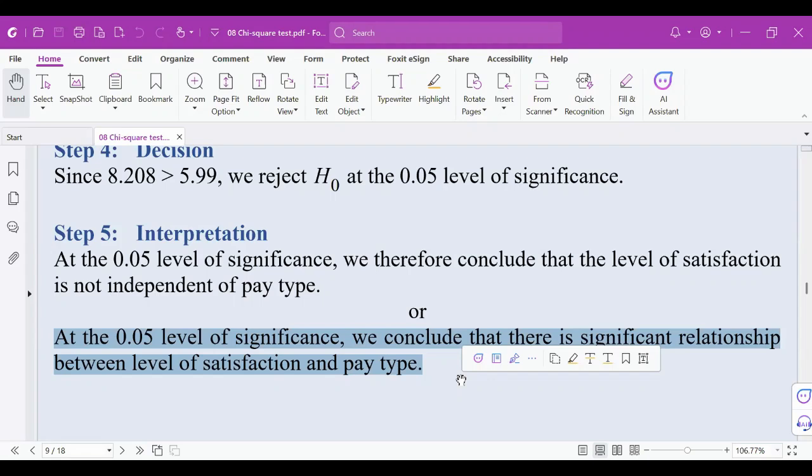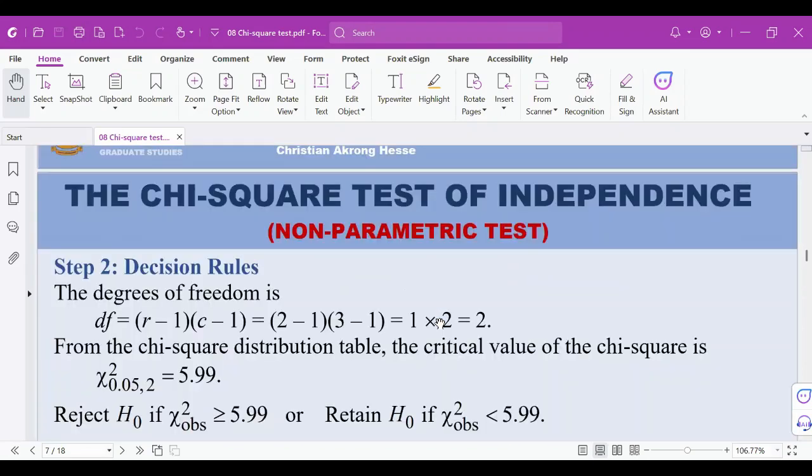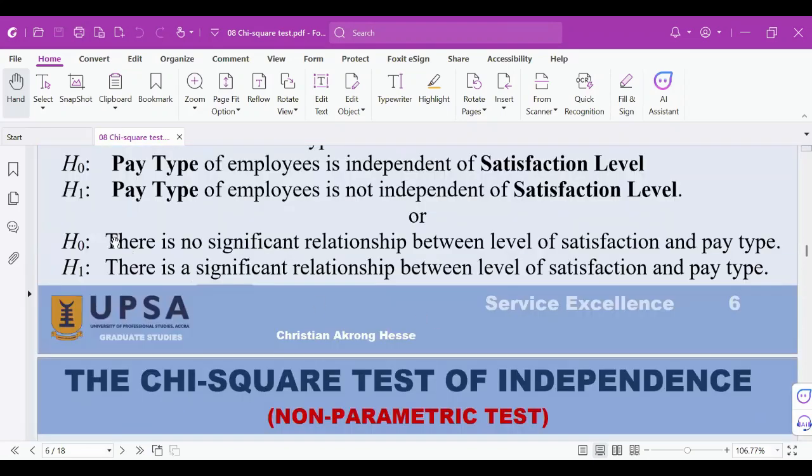H naught, in the beginning. H0 says that there is no correlation between level of satisfaction and pay type. And H1 says that there's significant correlation between level of satisfaction and pay type.